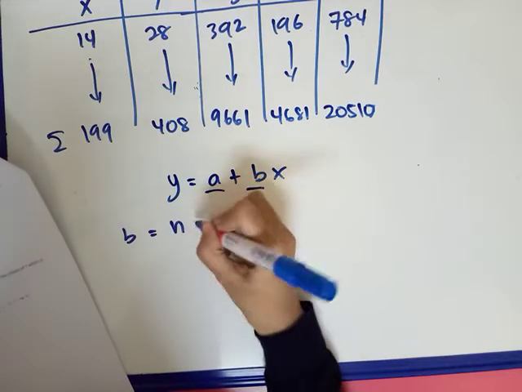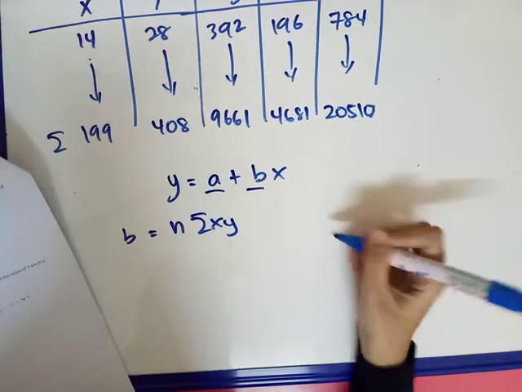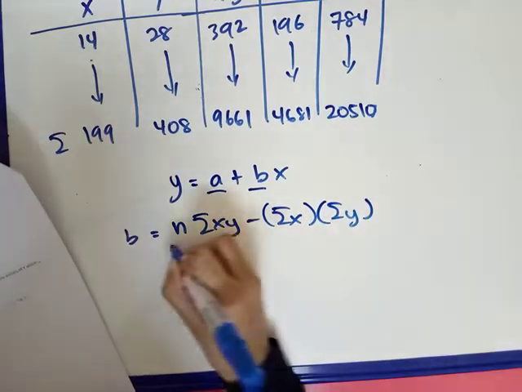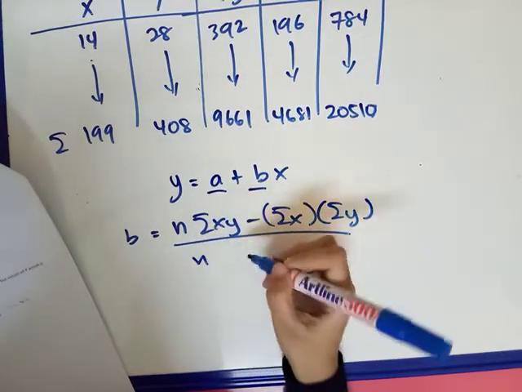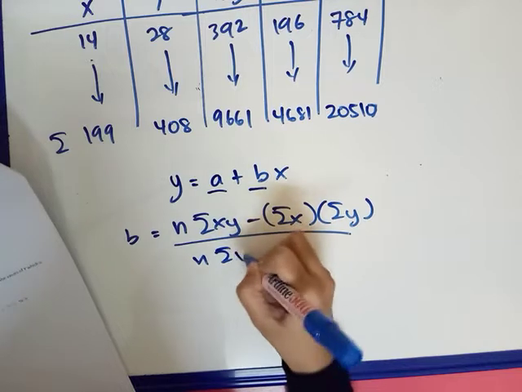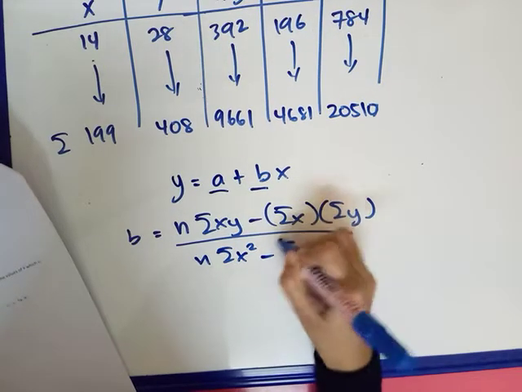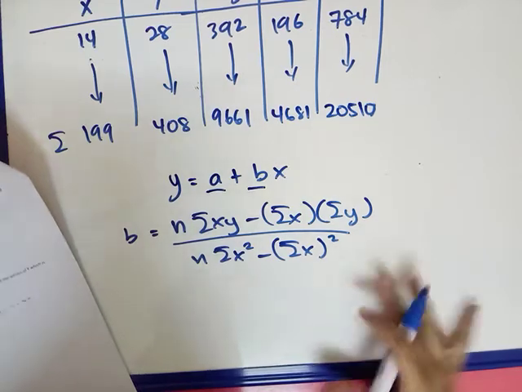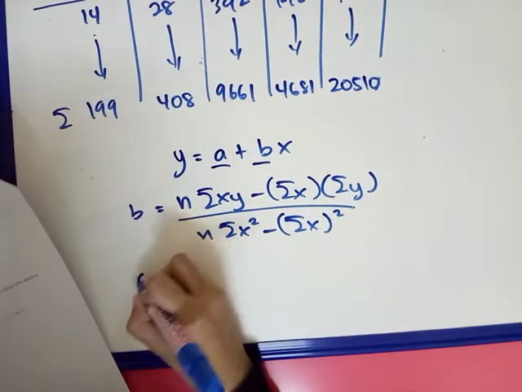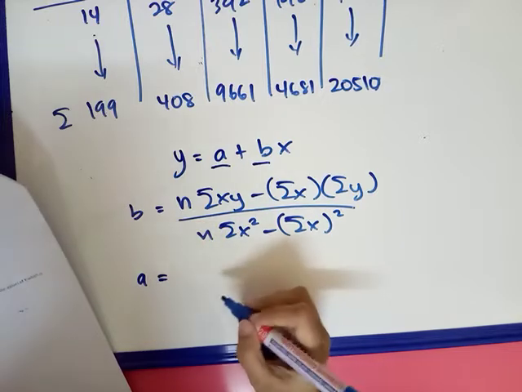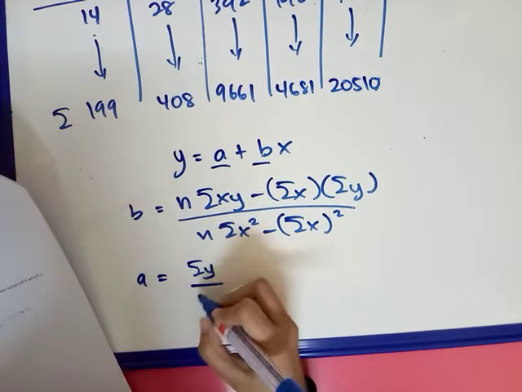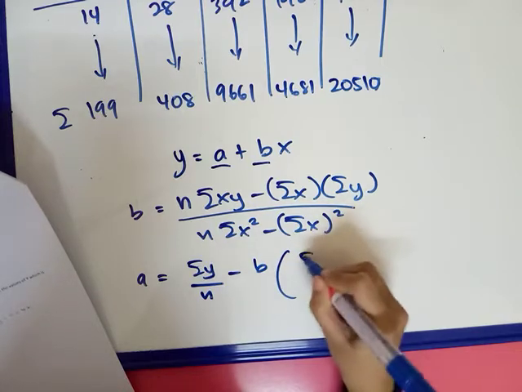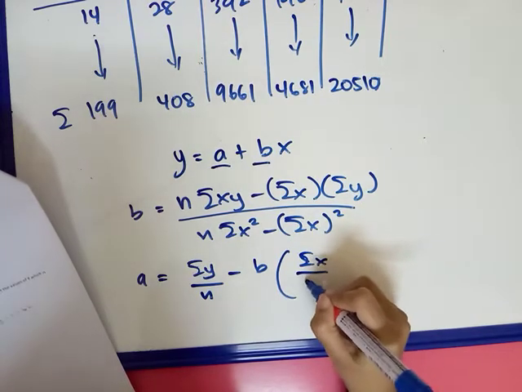The sample size times total xy minus total x times total y, divided by the sample size times total x square minus total x power 2. Okay, and then for the formula to get the value a, total y divided by n minus b times total x divided by n.